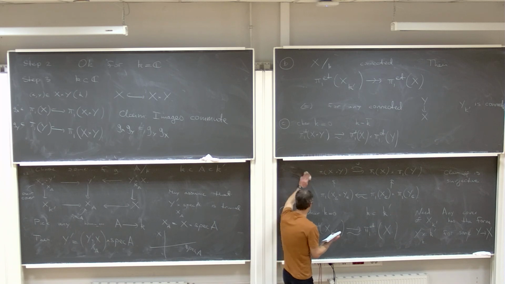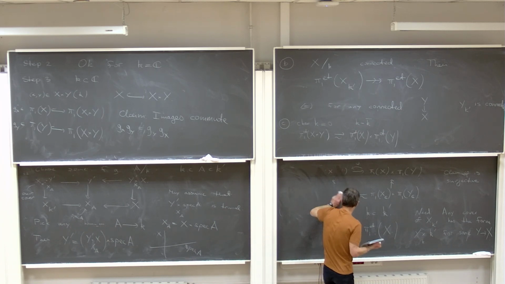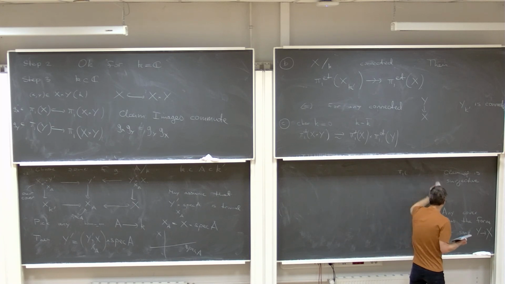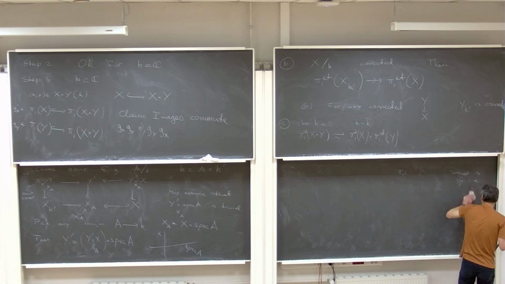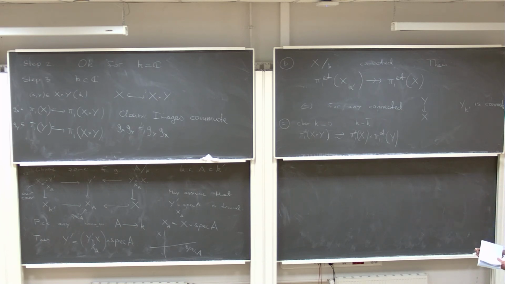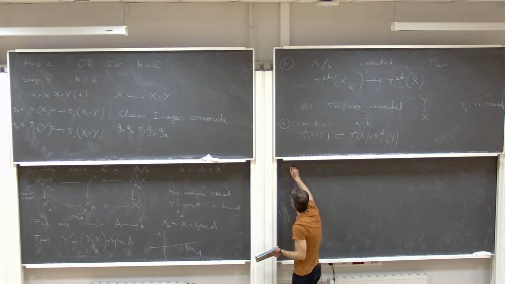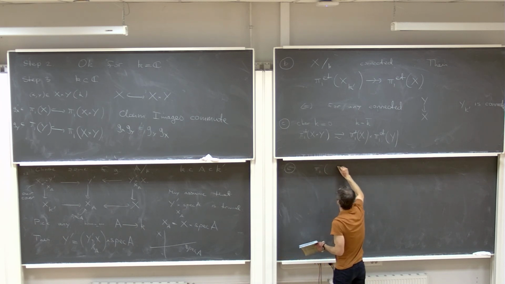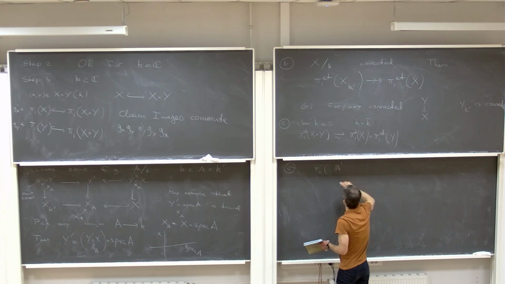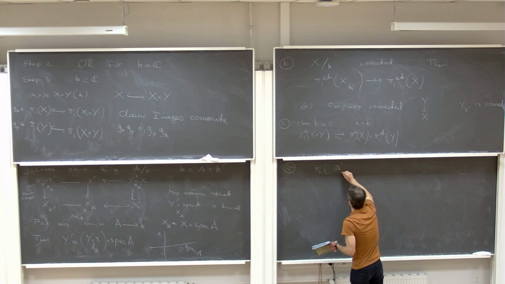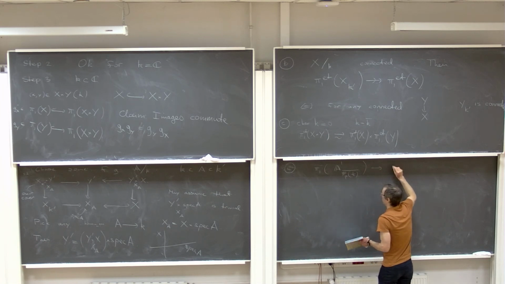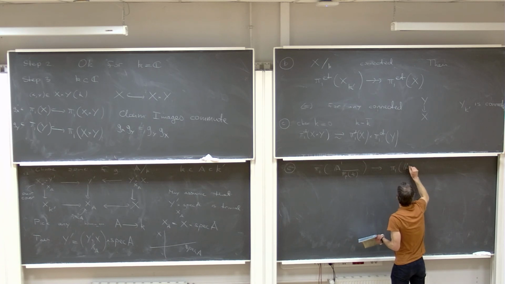Now, a counterexample. There were parts A, B, C, D, E. So, a counterexample: pi 1 of A1 over F_p bar of t to pi 1 of A1 over F_p bar.